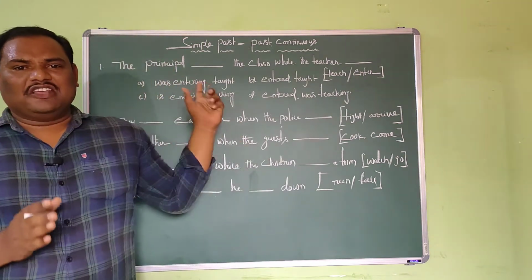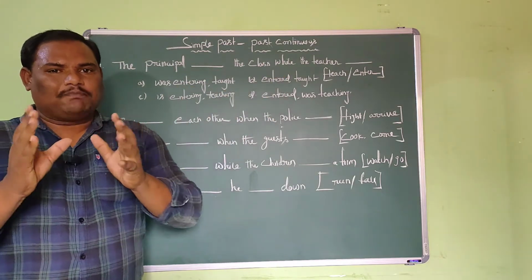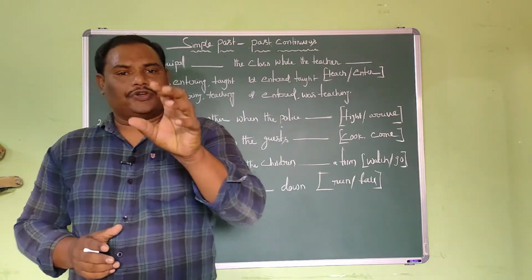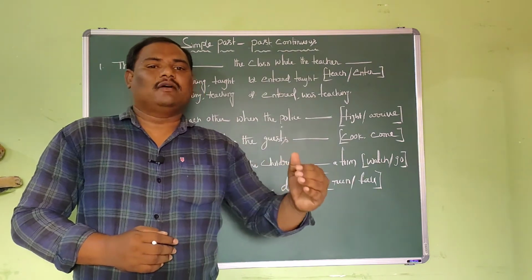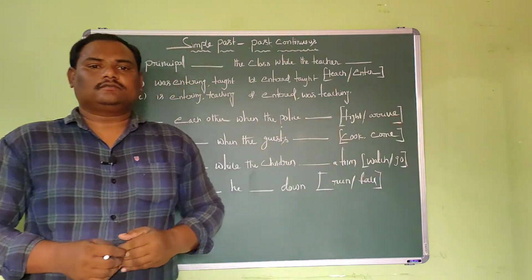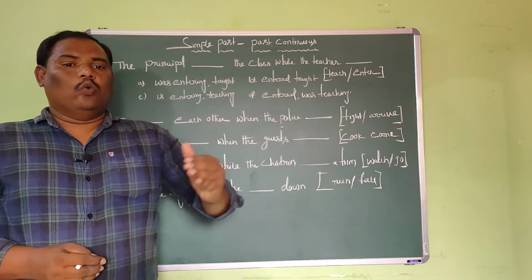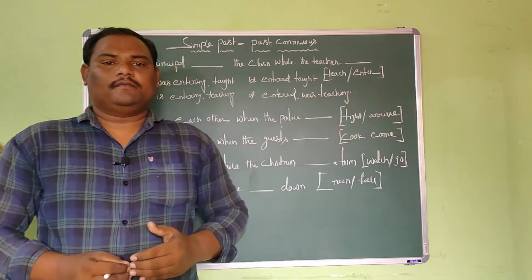If you want to fill in this blank with the correct verbal forms, we have to pose a question. What is that? What happened while something was happening? What happened while something was happening?